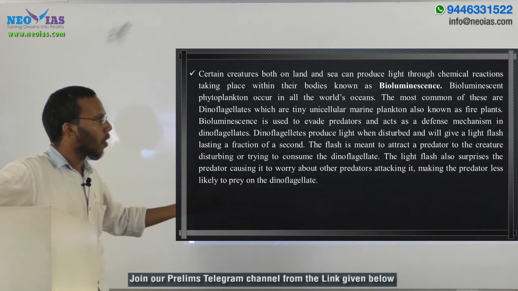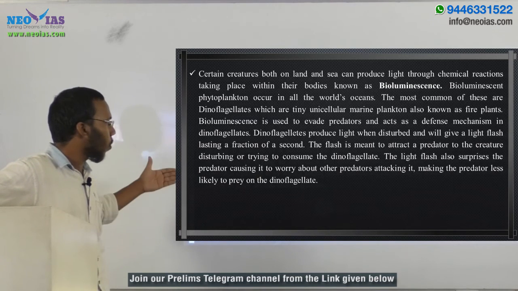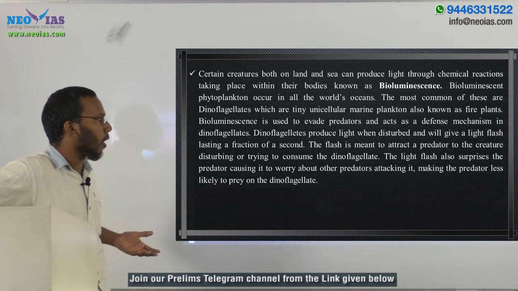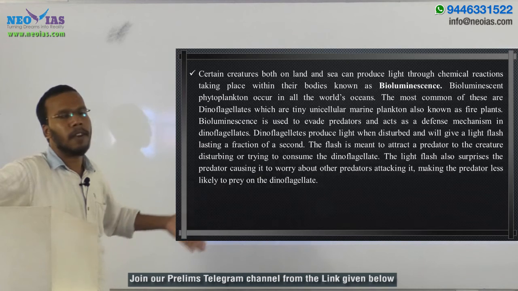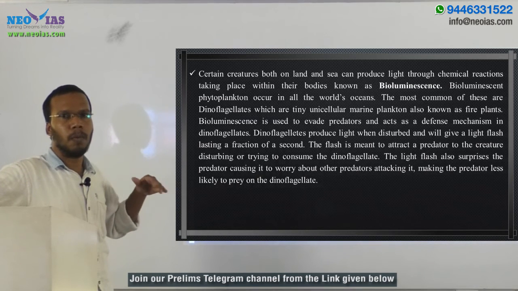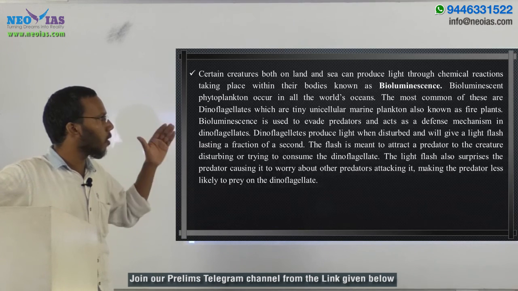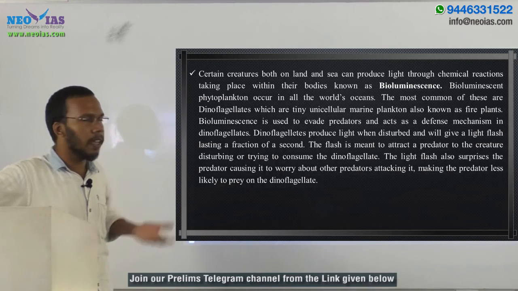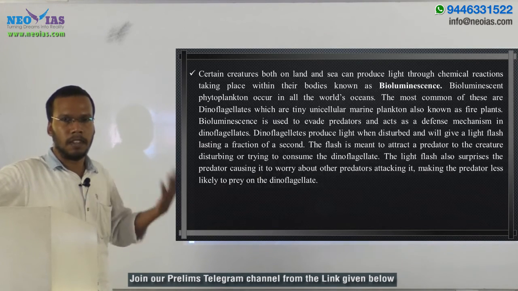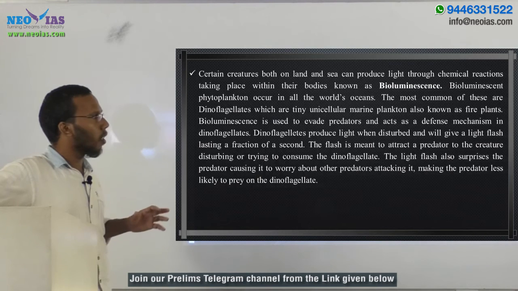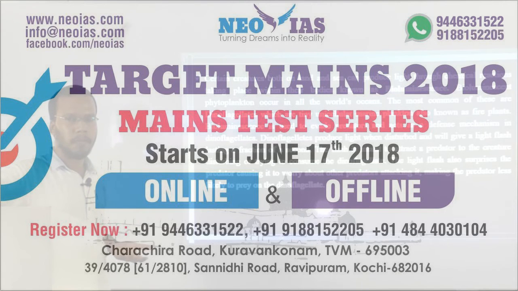And this light flash also surprises the predator, causing it to worry about other predators attacking it, making the predator less likely to prey on these dinoflagellates. So this bioluminescence process is used by dinoflagellates for their defense mechanism, as well as when they experience stresses like pollution and acidification.